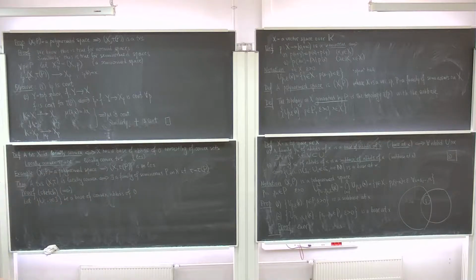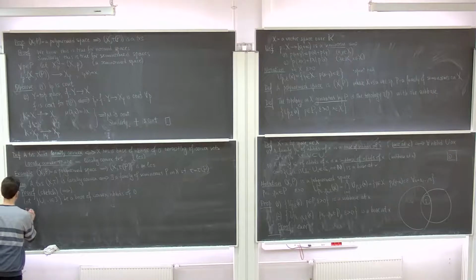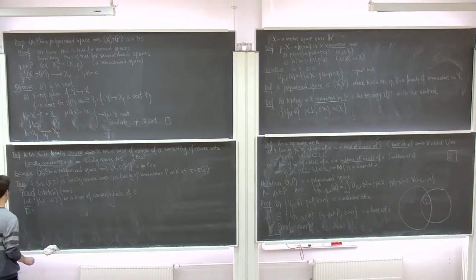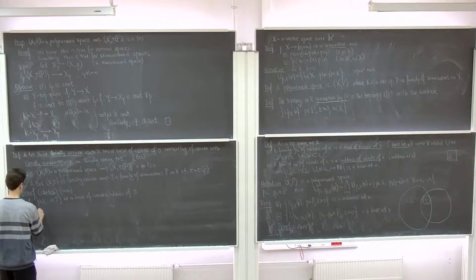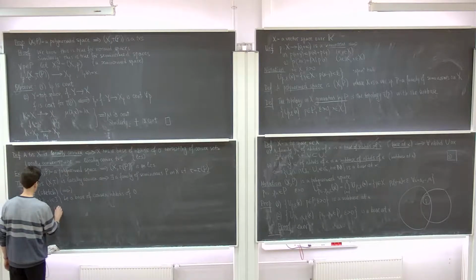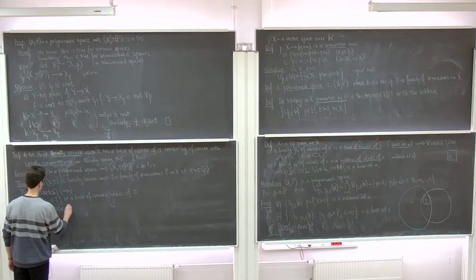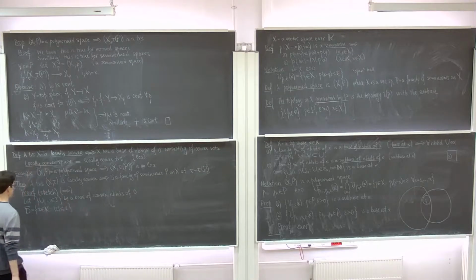As a first step, we modify each neighborhood in this base in such a way that the new neighborhood will be not just convex, but absolutely convex. Let's denote by D bar the closed unit disk. Well, this will be the closed unit disk if the base field is the field of complex numbers.